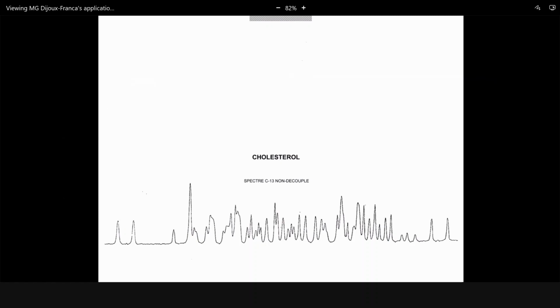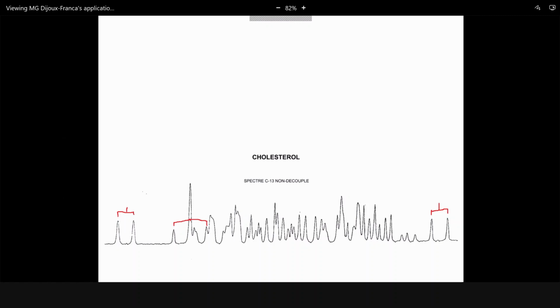If we keep the coupling between carbon and proton, you see here we have a doublet, and here we have also a doublet. Here I can imagine a triplet, but other signals are very difficult to interpret.